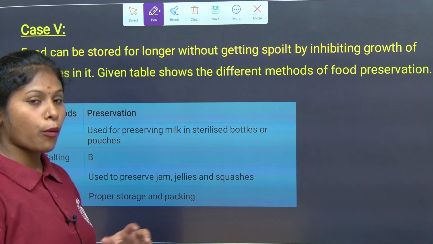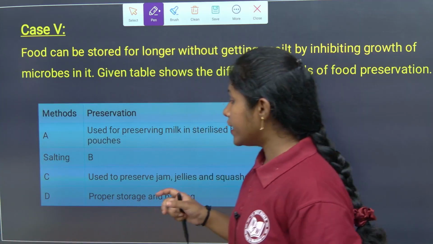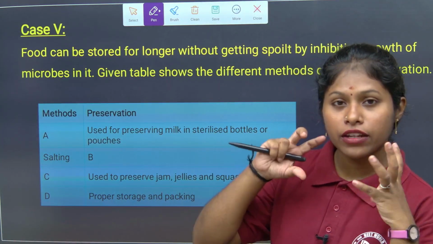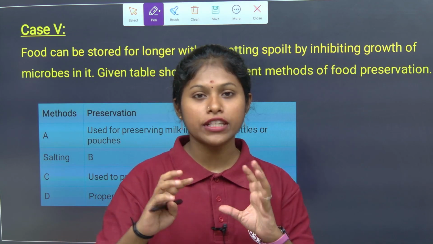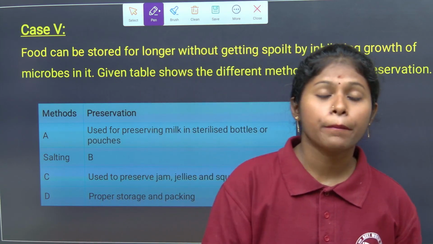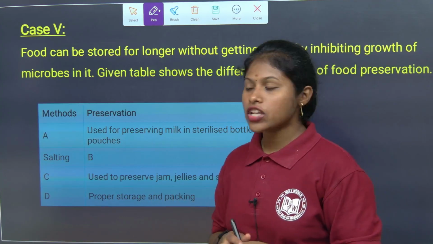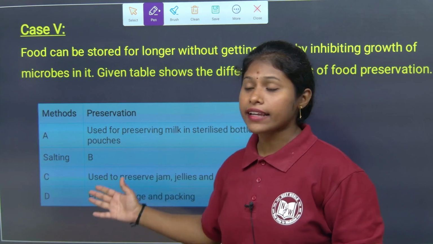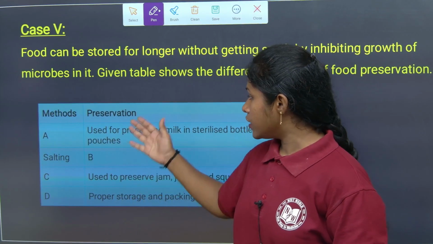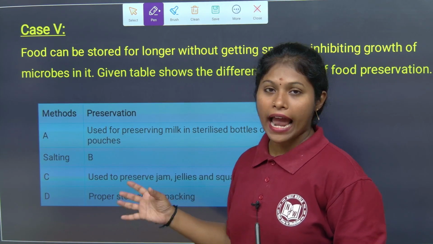This is a method where, if the food is stored in airtight containers, the microbes will not enter it, right children. So canning is what we call the method used for proper storage and packing.